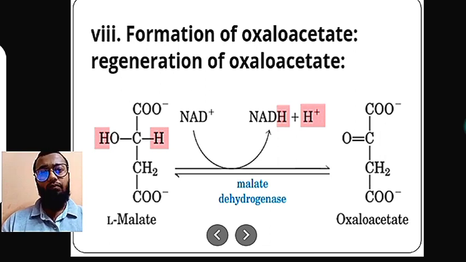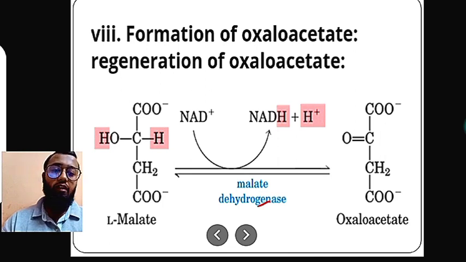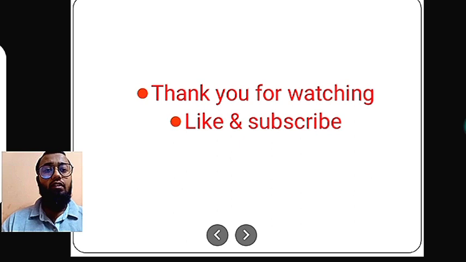In this reaction, malate is converted into oxaloacetate in the presence of the enzyme malate dehydrogenase, where NADH is made. Students, this is the whole overview of the TCA cycle.